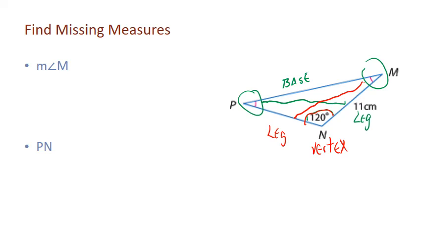So I think we've got all the parts mentioned here. We've got the base, and P and M are base angles too. So let's go about finding missing measures.